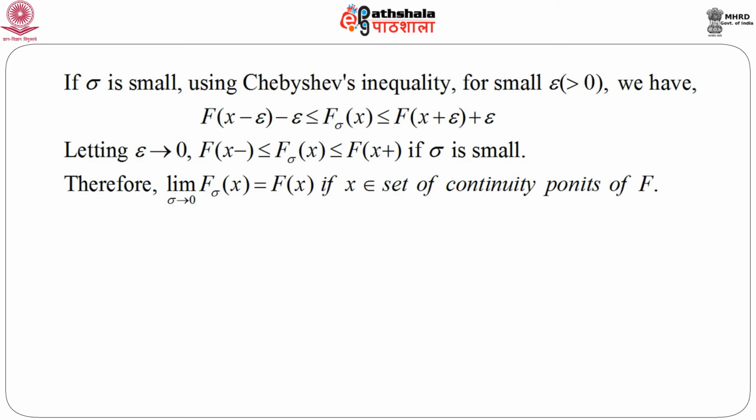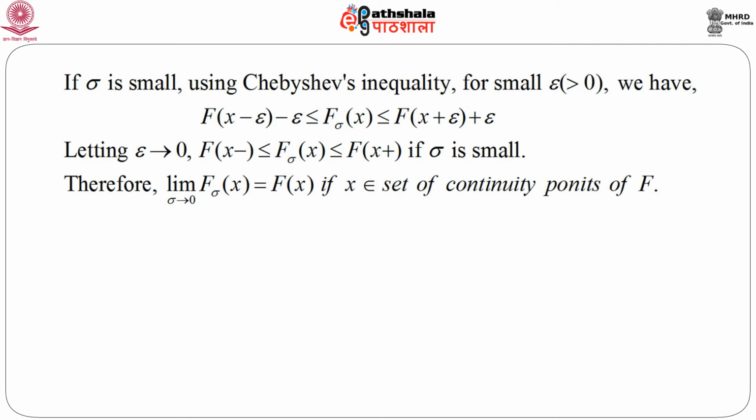With just a little bit of algebraic manipulation, we can get that f of x minus epsilon is less than or equal to f sigma of x, which is less than or equal to f of x plus epsilon, plus epsilon. Now, this epsilon is arbitrary. So, if we let epsilon go to 0, that means this quantity approaches x from the left side.